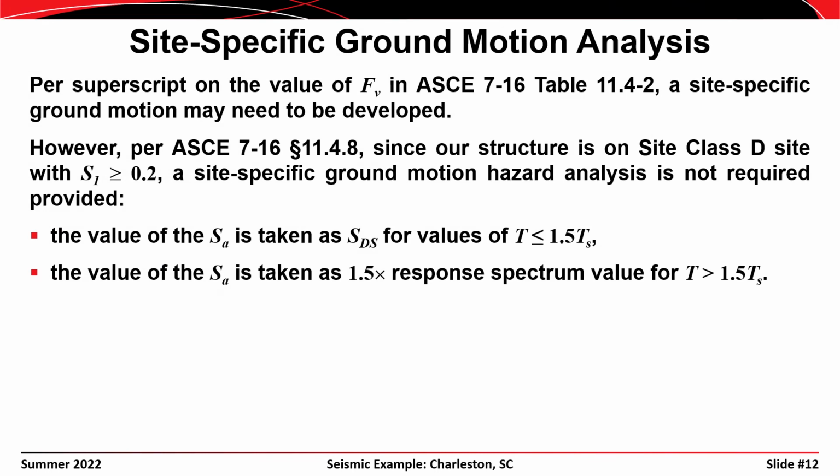You may have noticed that there was a superscript on the value of F sub v from table 11.4-2 out of the ASCE 7 standard that indicates that a site-specific ground motion may need to be developed.